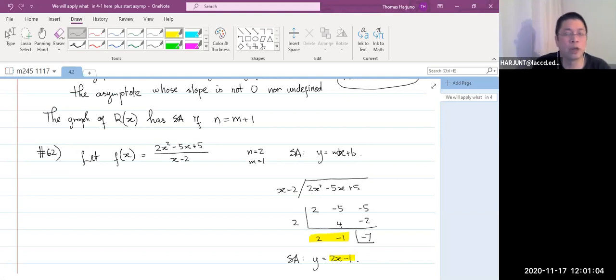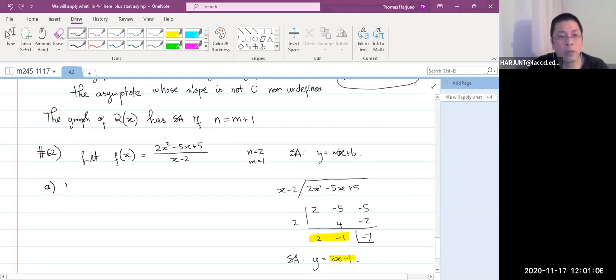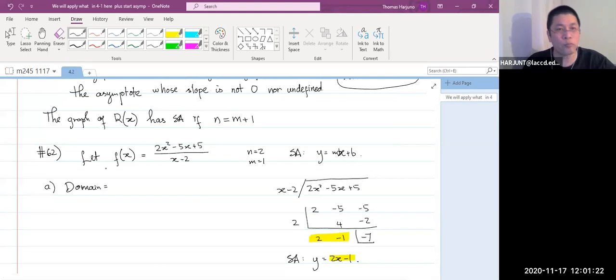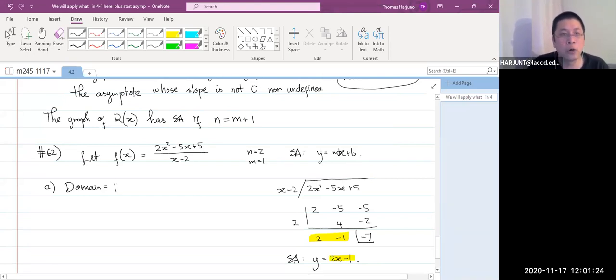Let's put them together now. Part A, what's the domain? That's all real numbers except 2. How about the y-intercept?